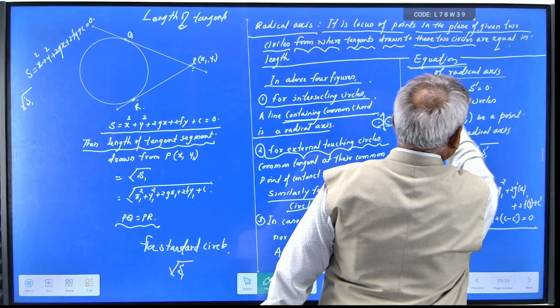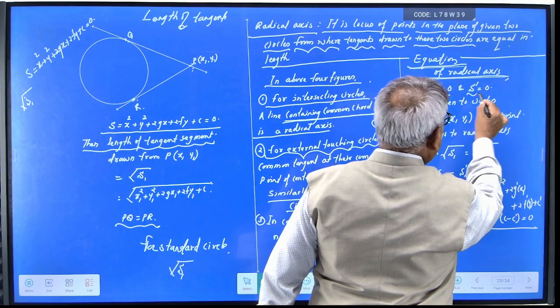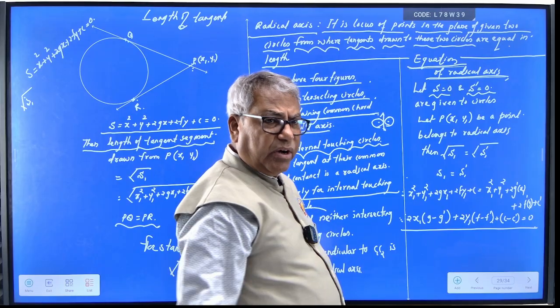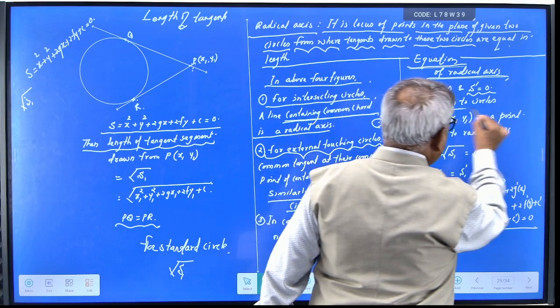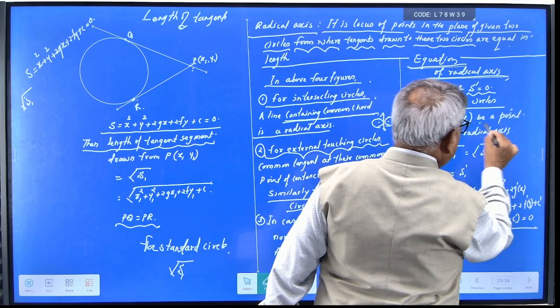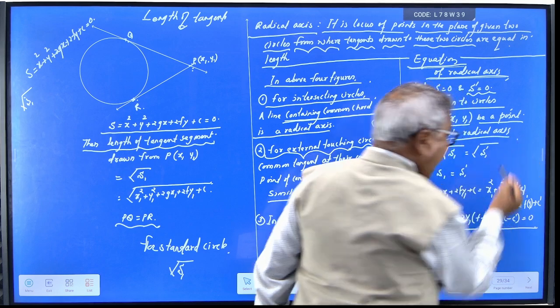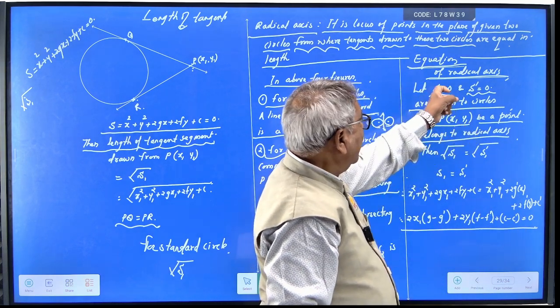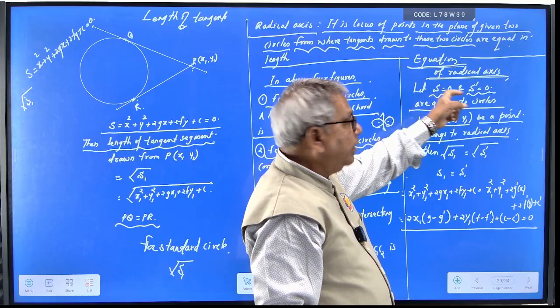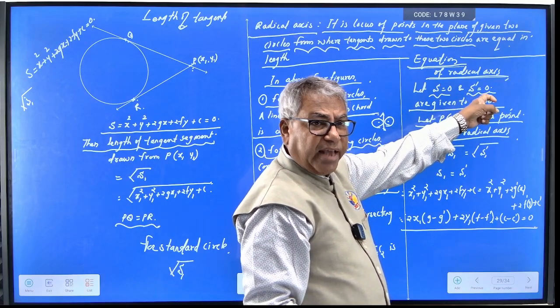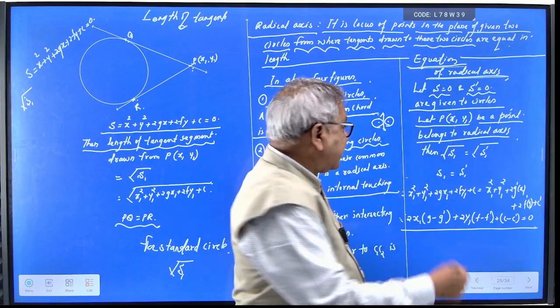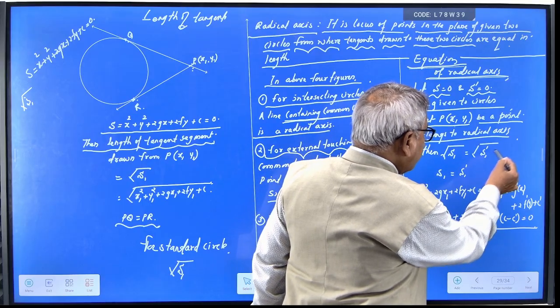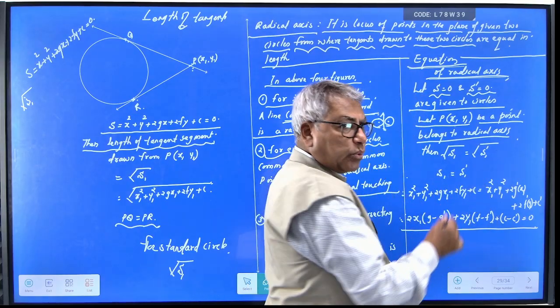Equation of the radical axis. S equal to 0 and S dash equal to 0 are the given circles. Let P(x1, y1) be a point on the radical axis. What is the length of the tangent drawn from P(x1, y1)? Root S1, here root S1 dash, and they are the same for the radical axis. So root S1 is equal to root S1 dash, that means S1 is equal to S1 dash.